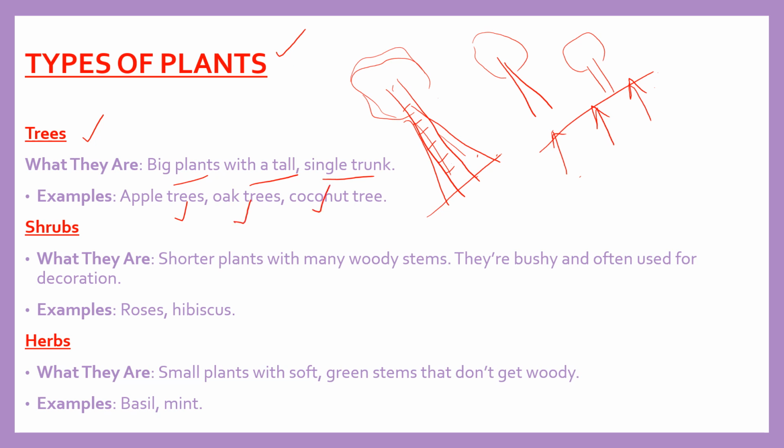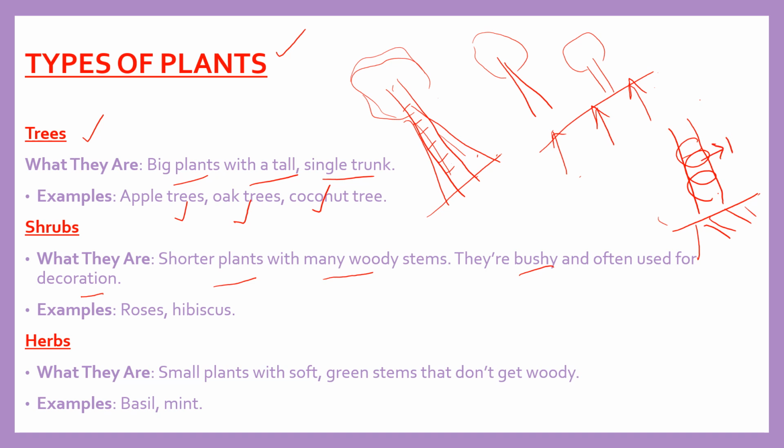And next is shrubs. Shrubs are shorter plants with many woody stems. They are bushy and often used for decoration. So it means to say that they are shorter, okay, and they will have woody stem. This is the stem, you know, right? See, the stem will be like this, and this is the roots, okay, and this stem we are talking of, okay.